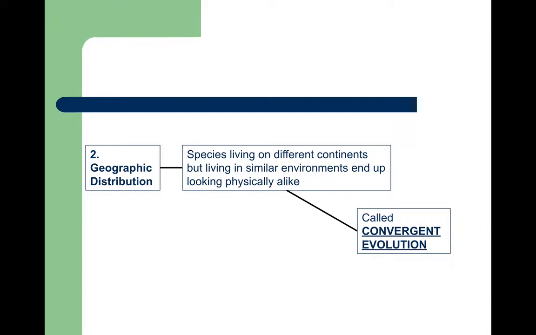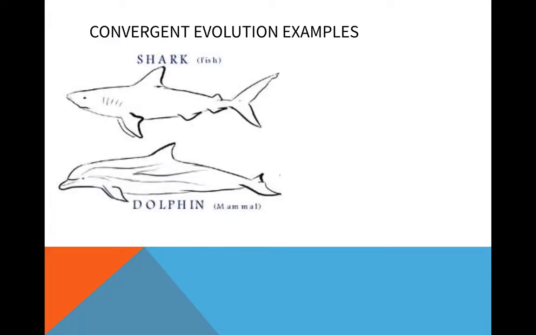Now, you guys have done an activity already dealing with Pangea, and one of the evidences to help us support the fact that the continents all came together is actually evidence that also helps support evolution in this concept of geographic distribution. So let's talk about convergent evolution for a minute.